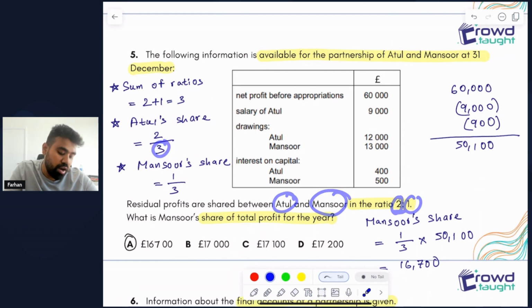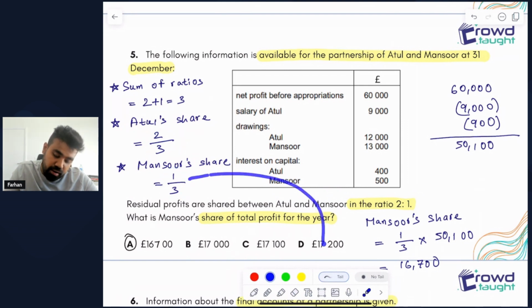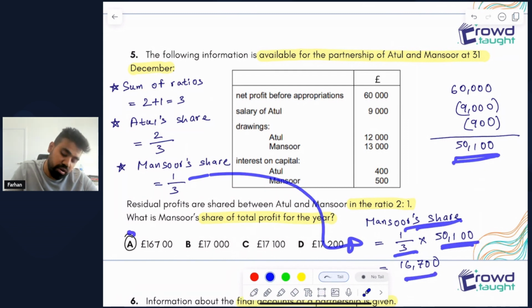So Atul's share in this case is 2/3. Mansoor's share will therefore be 1/3. Given that the profit available for distribution is 50,100, Mansoor's share of profit can be derived by simply taking 1/3 and multiplying it with the remaining profit available for distribution, and on that basis we get 16,700, which is option A.